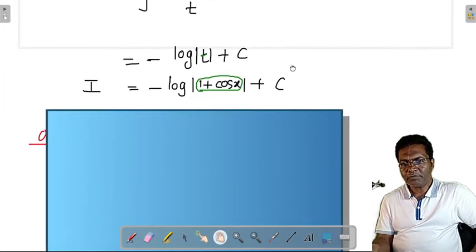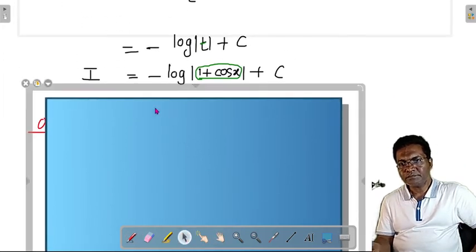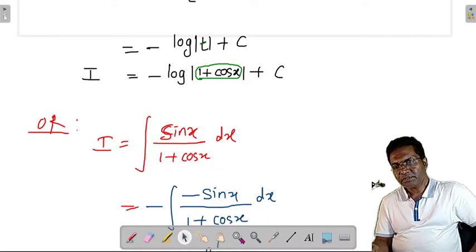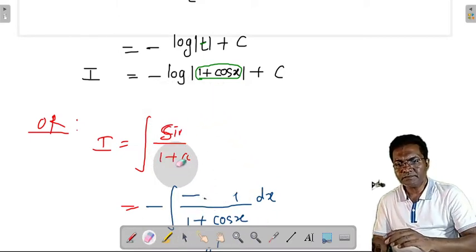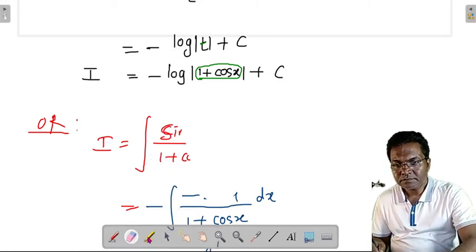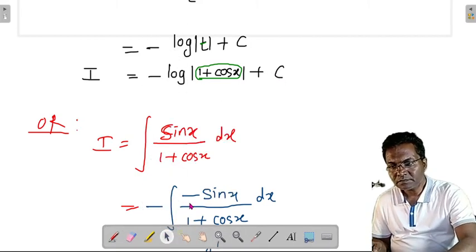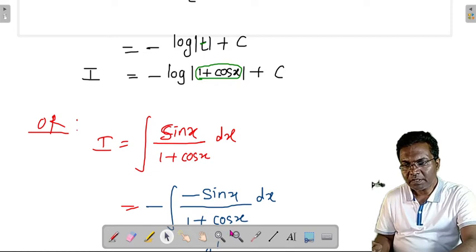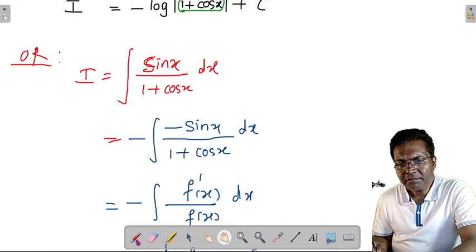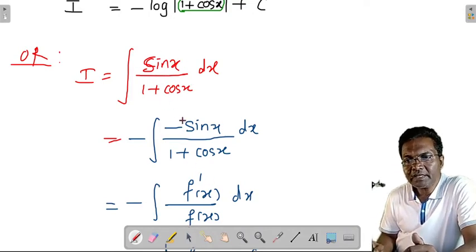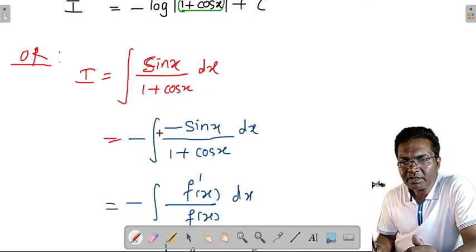So here one thing to be noted, it can be done in another way. Look here. If the numerator is the derivative of the denominator, you can write directly log of the denominator.